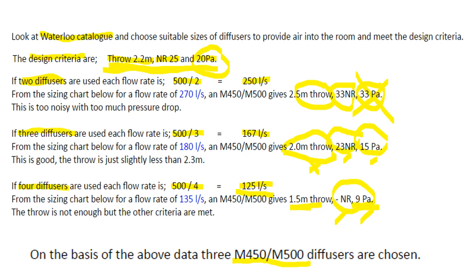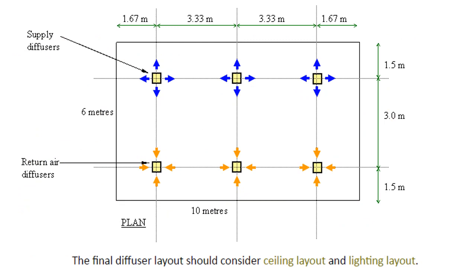Pressure drop is 9 Pascal. Okay. You have to remember, if you choose the lower pressure drop, then your operating cost will also be lower.